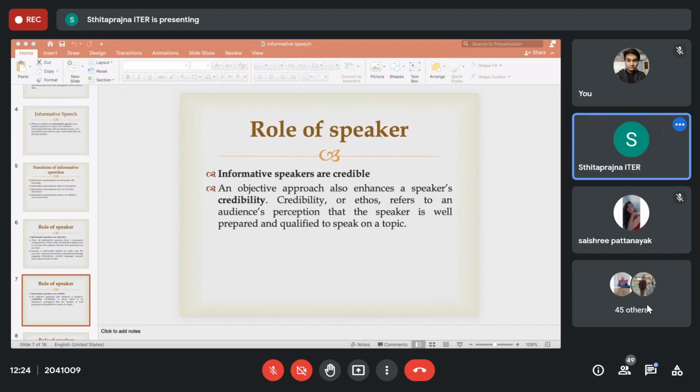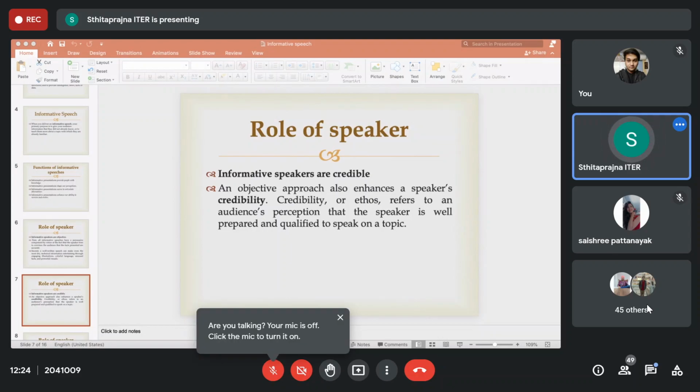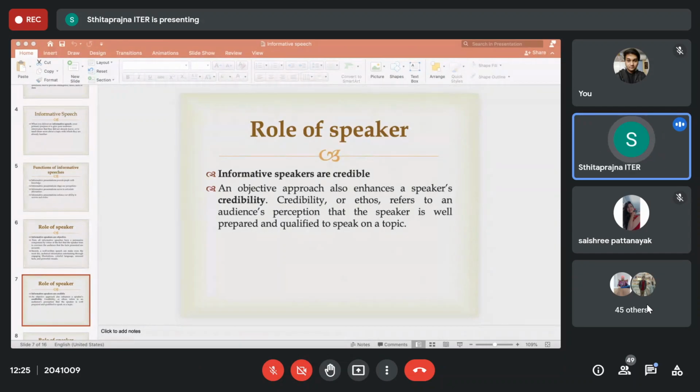So that's a good scale to measure what could be the right topic for you, where people will perceive you as someone who is qualified enough to speak on a particular topic.